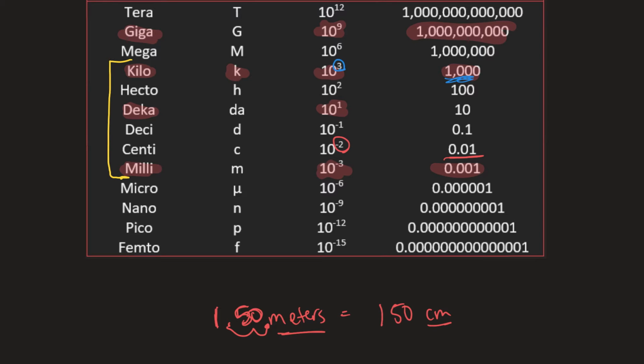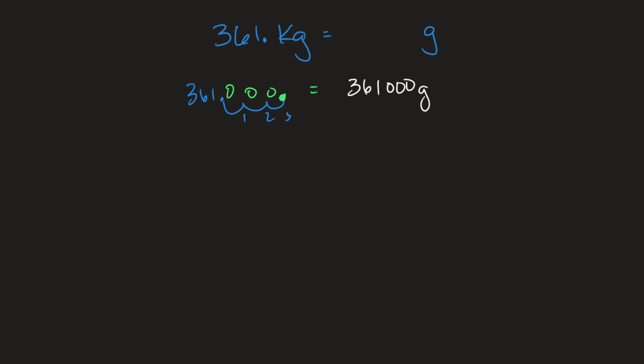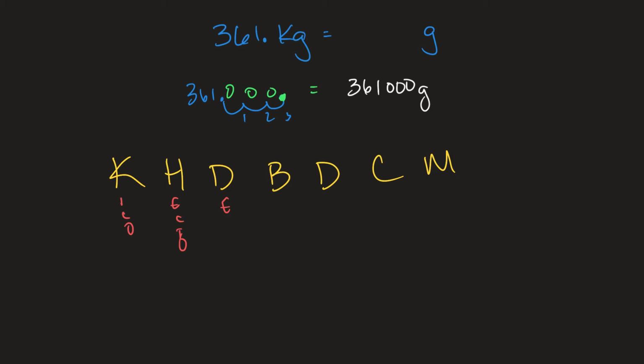So you have kilo, hecto, deca, base, which is your base unit, deci, centi, and milli.